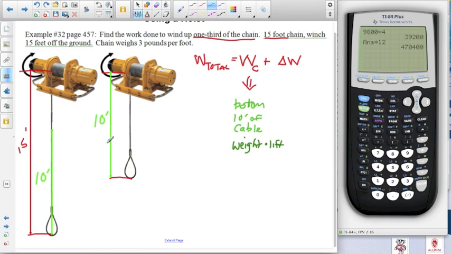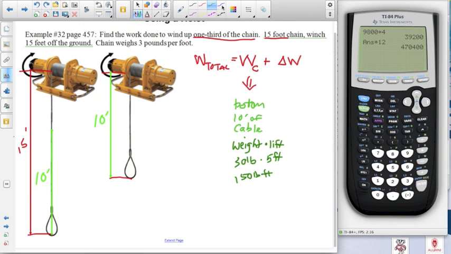We lifted that 10 feet of cable 5 feet. If we take a look at the problem here, the chain weighs 3 pounds per foot. So 3 pounds, 10 feet, we've got 30 pounds. And we lifted that 30 pounds 5 feet. So the constant portion is 150 foot-pounds. Okay, so that's the constant portion.